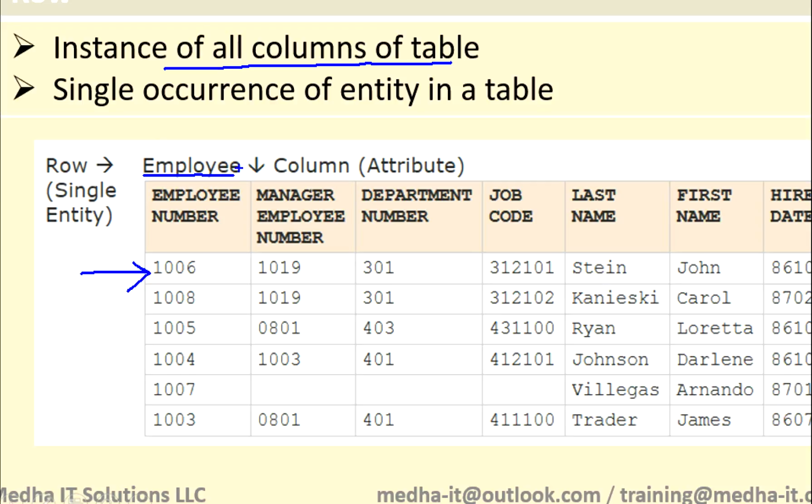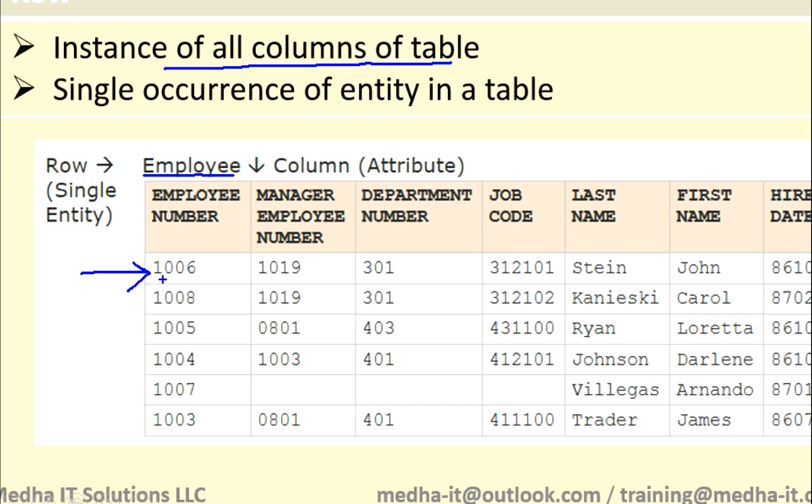And the columns consist of properties or attributes of an employee. So employee number, job, employee's name, first name, last name, department number, all these are attributes of an employee. Okay, and then we have the row. A row is an instance of all the columns, or instance of all the attributes, of an employee.